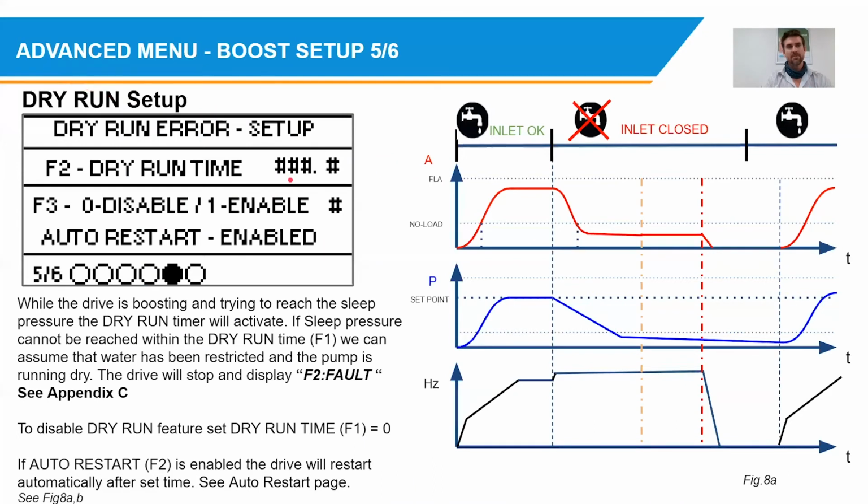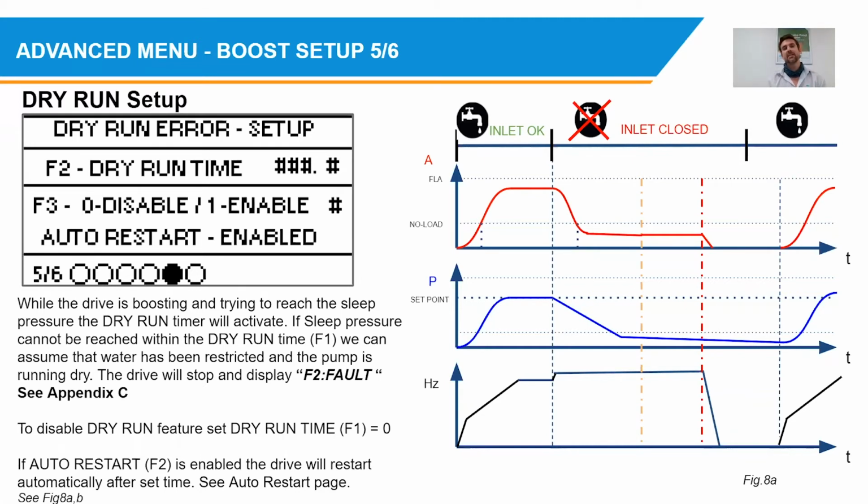The next option is the dry run error detection. So this is very important. If you have enabled boost, I advise that we enable this dry run protection as well. What this helps us with is, if we don't reach the sleep pressure, in other words, if there's no water to pump and to actually hit a higher pressure, the system will never go to sleep. However, it will attempt to hit that pressure.